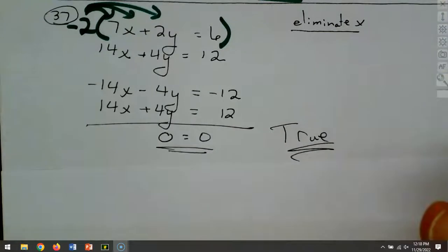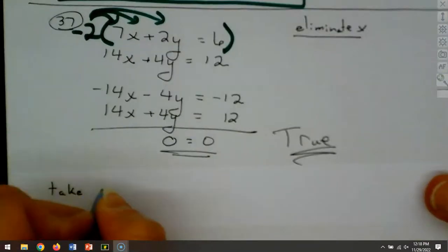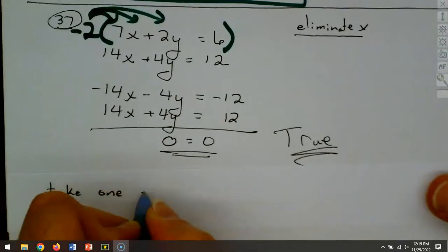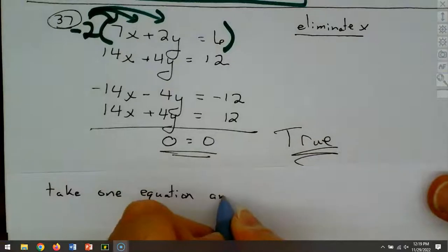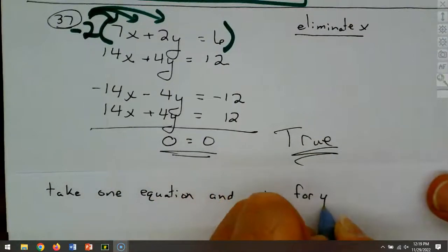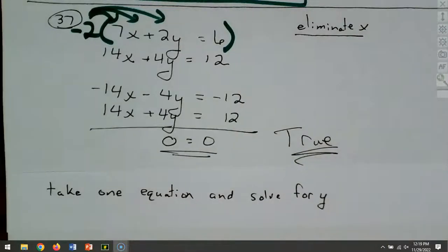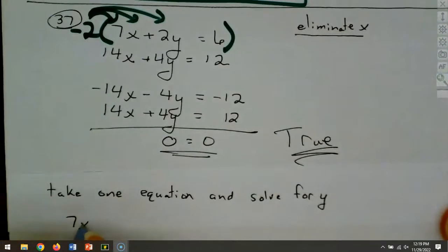So what we do is we take one of the equations, doesn't matter which one, and we're going to solve that equation for y. So let's just start with the first one: 7x + 2y = 6.